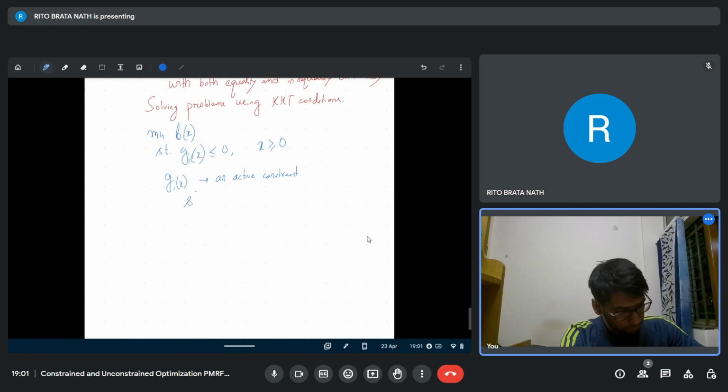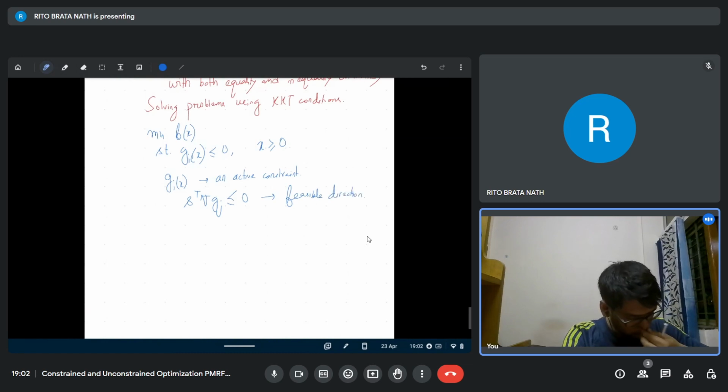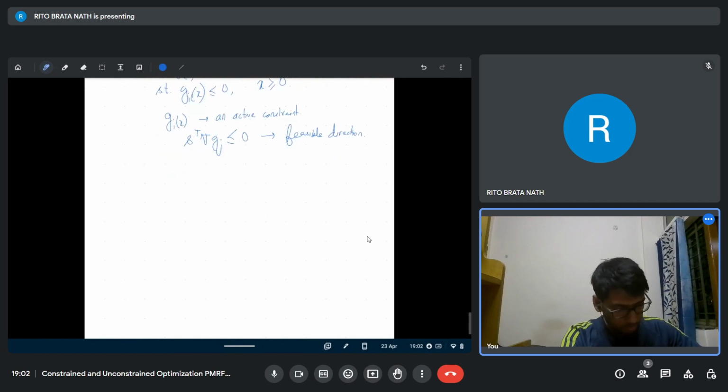Then, sorry, it should be less than or equal to 0 for a feasible direction, right? Next, what you have is that S transpose delta F less than 0. That means S is a descent direction. Yeah, those are a couple of things to keep in mind.